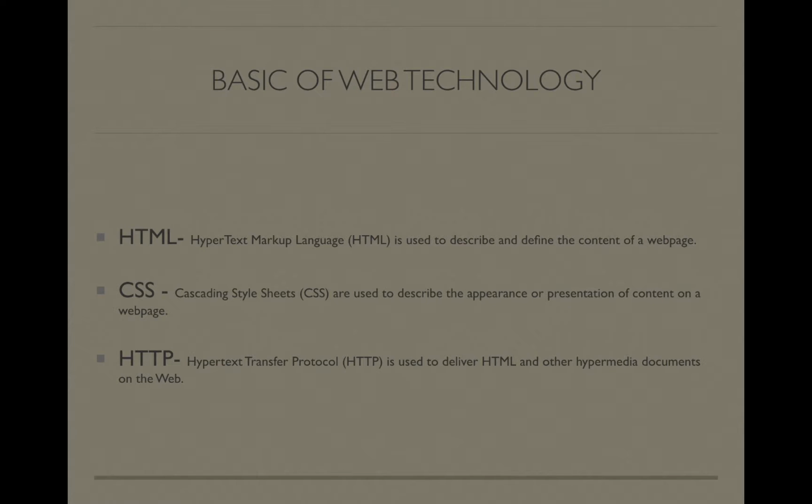CSS, Cascading Style Sheets, is used to describe the appearance or presentation of content on a web page. HTTP, Hypertext Transfer Protocol, is used to deliver HTML and other hypermedia documents on the web.